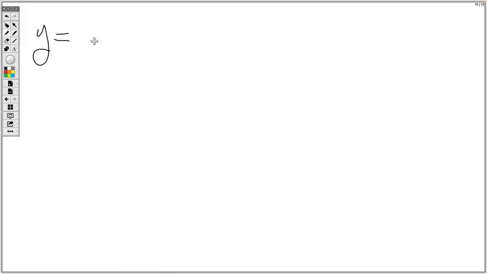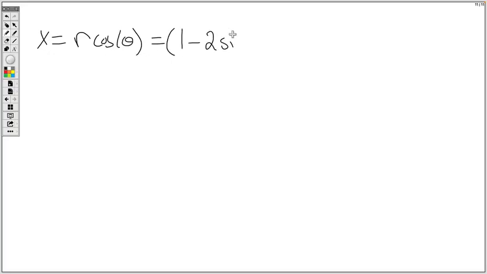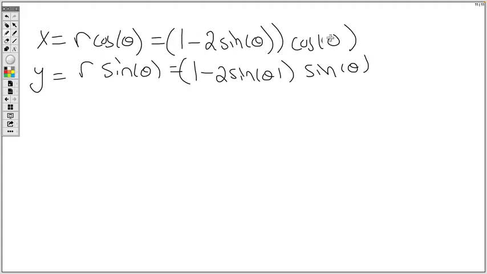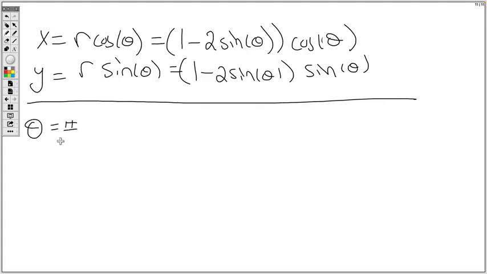So we have x is cosine theta times 1 minus 2 sine of theta, and y is sine theta times 1 minus 2 sine of theta. Let's plug in our thetas. Let's do theta equals pi over 2 and figure out what the x, y coordinates are.